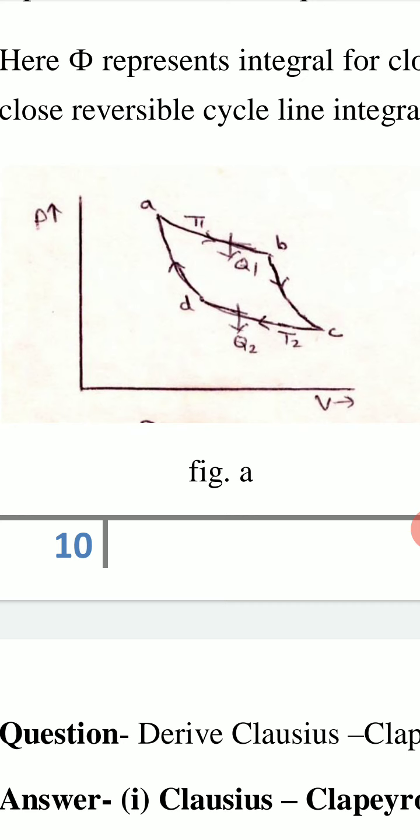Carnot cycle is shown in this figure A. It is a PV diagram, indicator diagram. There are 4 processes in this Carnot cycle, which is a reversible cycle. The 4 processes in this reversible Carnot cycle are AB, BC, CD and DA.